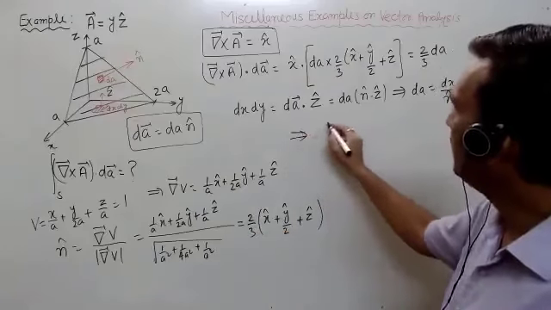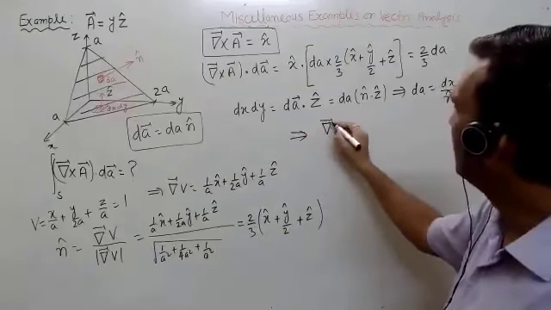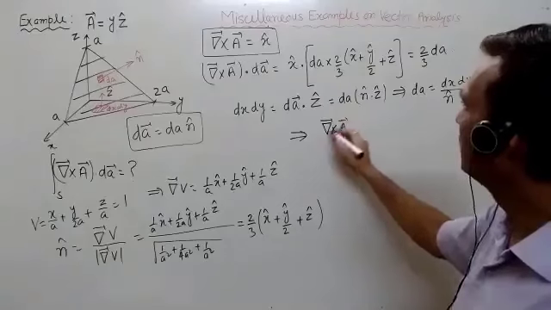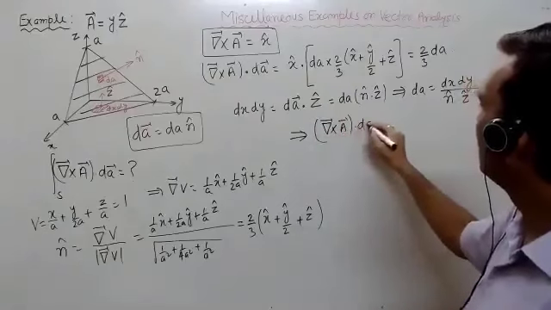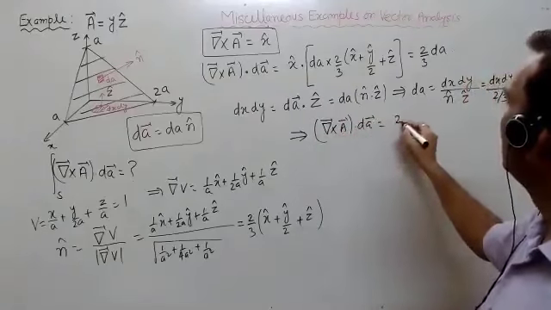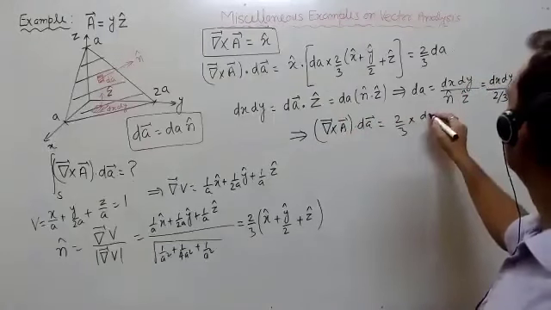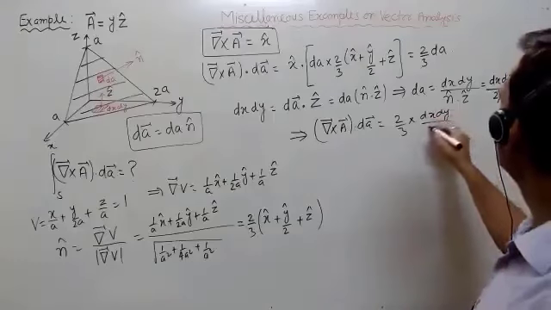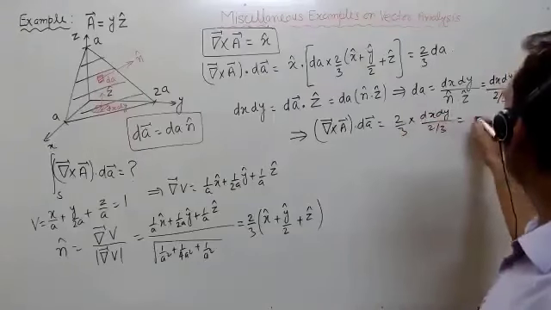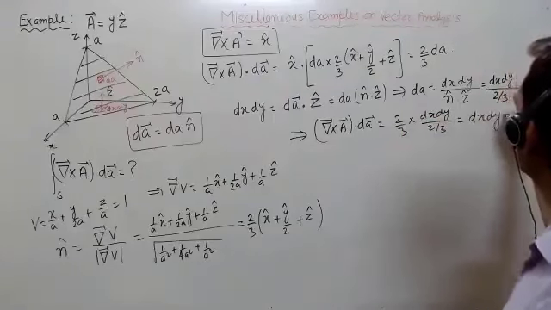So now you can see del cross A dot dA will be 2 by 3 times dA, and dA is given by dx dy divided by 2 by 3. So this will cancel out. This is finally dx dy.